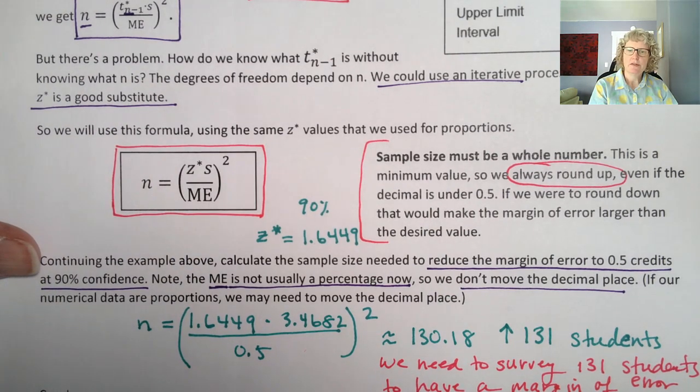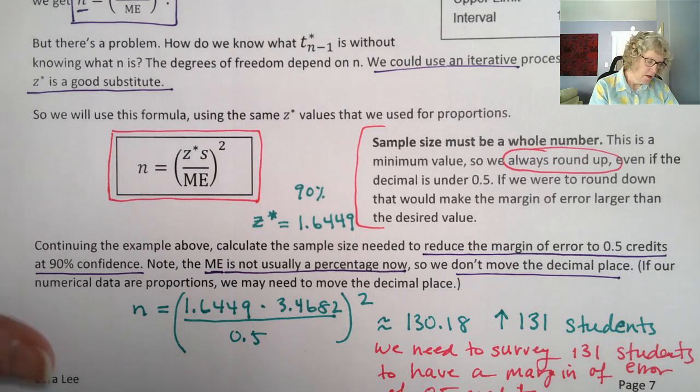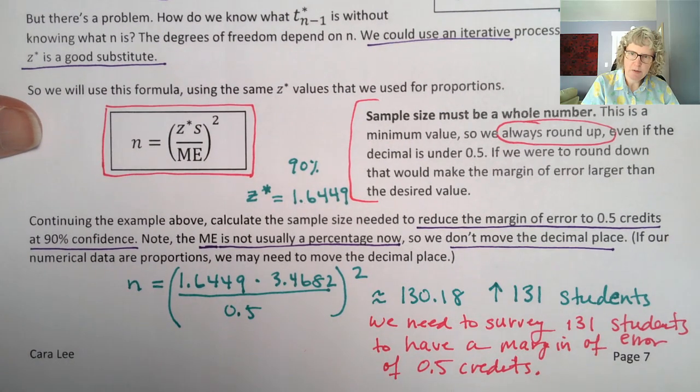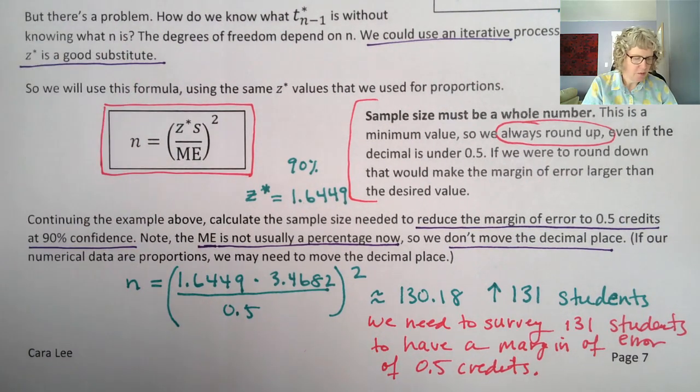A little different, just because the margin of error has units other than, most of the time, a percent. Let me just make sure that's visible. Great. I hope it's making sense.